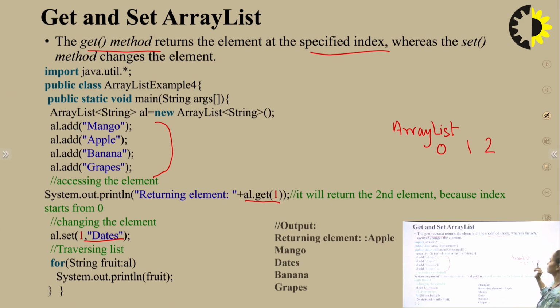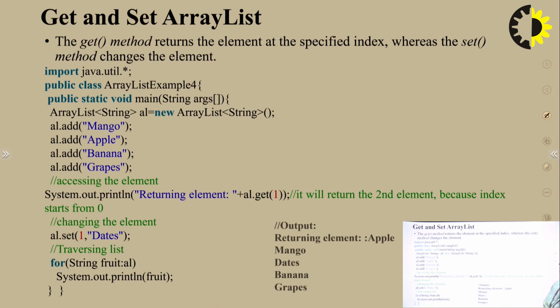The first one is traversing the string fruit list. For traversing this list we have used the enhanced for loop, which traverses all of these elements.